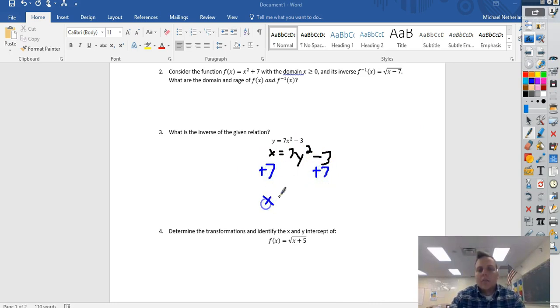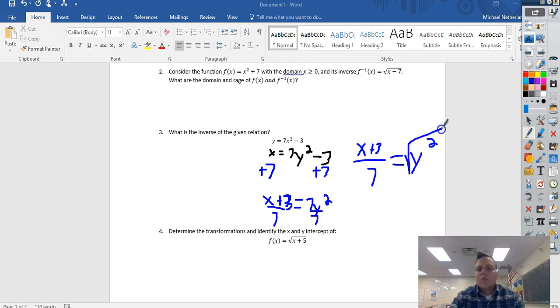So I get x plus 3 is equal to 7y squared. Our next step, we got to get y by itself before we get rid of the square, is to divide everything by 7. So now we have x plus 3 over 7 is equal to y squared.